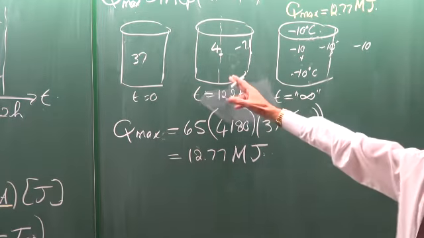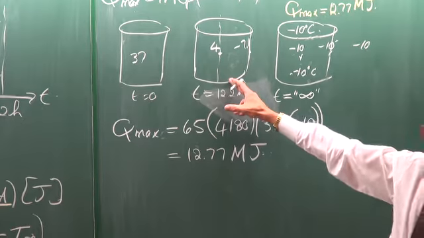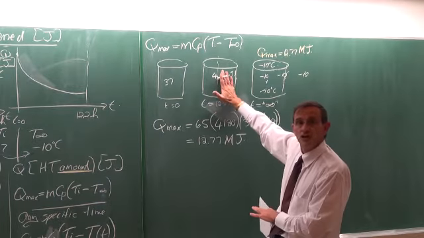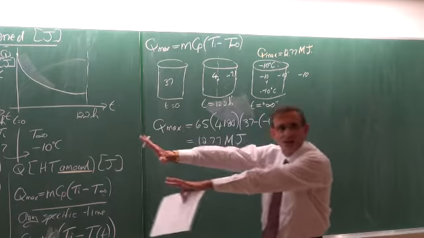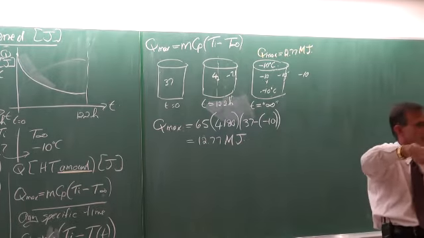Okay. So, if you now want to get how much heat is being removed from this body, then you just have to go back to the calculations. We've done the derivation of it. Okay.